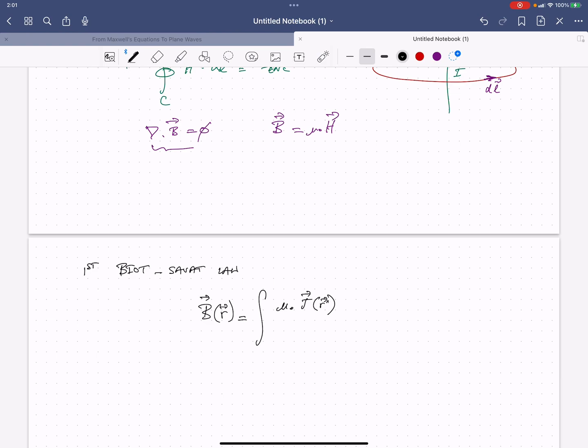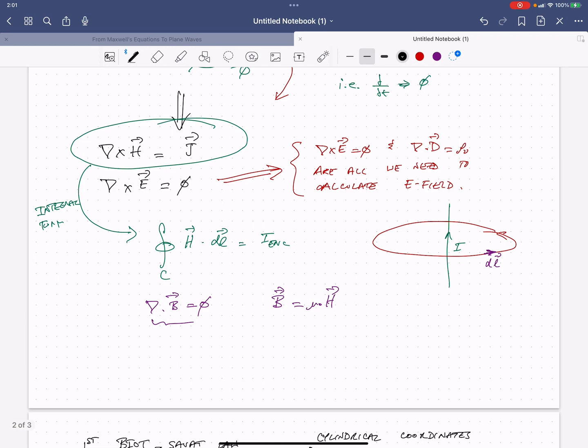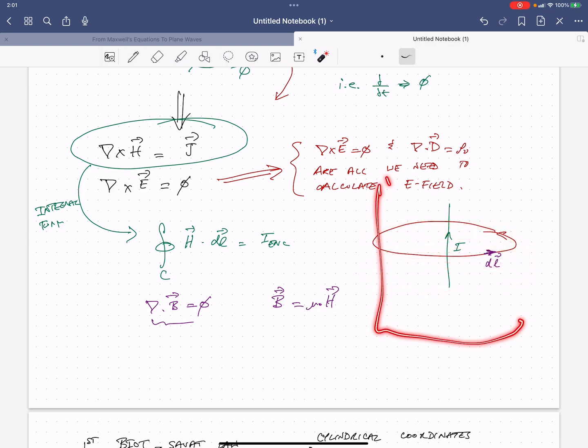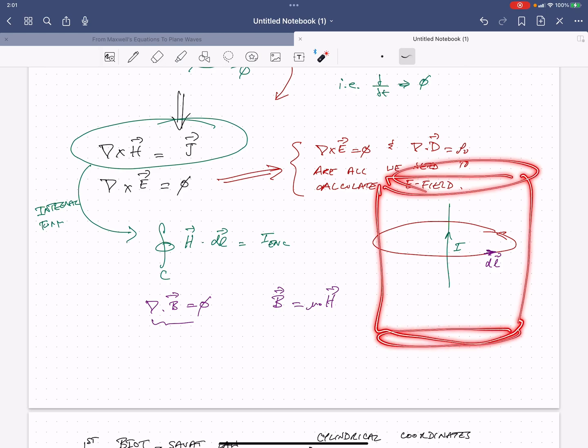By the way, in this lecture we're talking about cylindrical coordinates. The reason cylindrical coordinates tend to be a little more popular with magnetic fields is that a lot of times you can model a current as going from minus infinity to plus infinity along a wire, and then you can imagine a cylinder of magnetic field around this line.